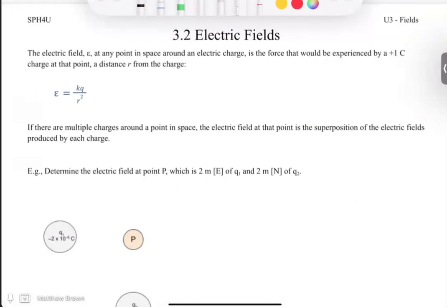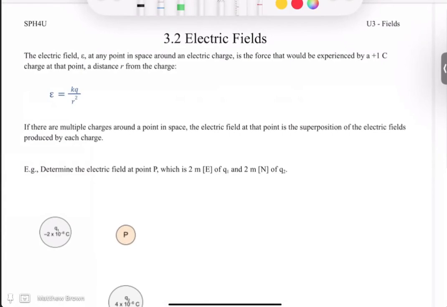The electric field, which I'll say E, at any point in space around an electric charge is the force that would be experienced by a positive 1 coulomb charge at that distance r from the point.